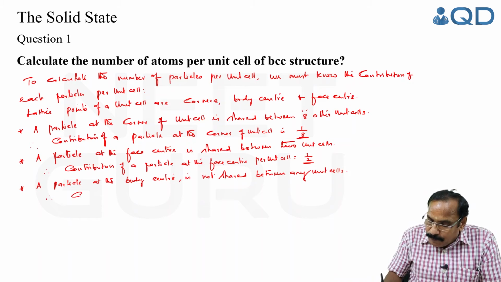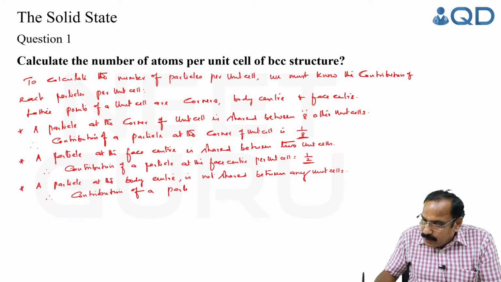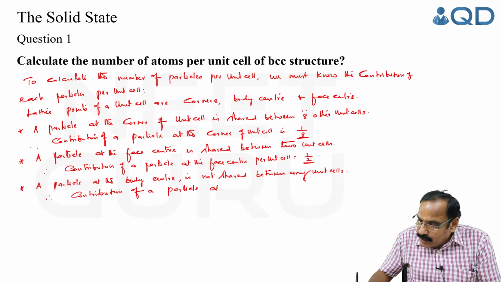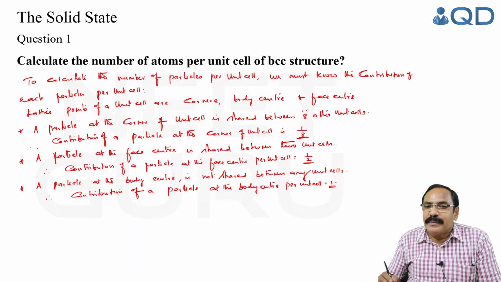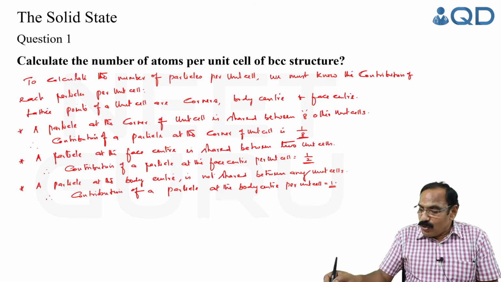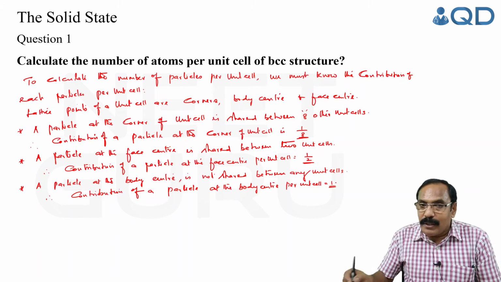And therefore, the contribution of a particle at the body center per unit cell is 1. Only when you know this, you will be able to calculate.